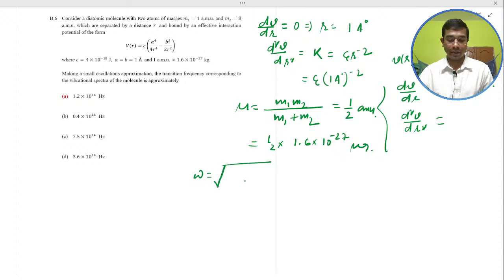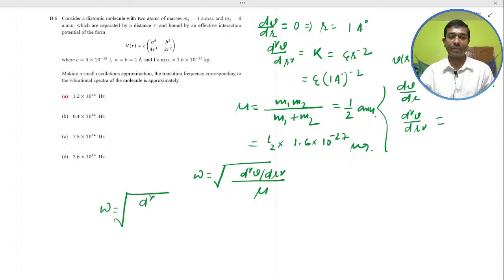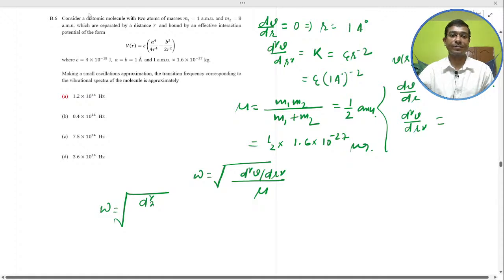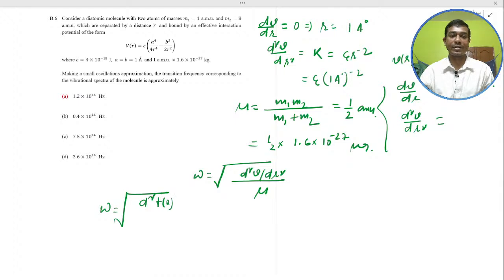Then the omega would become the square root of the second order derivative d square V by dr square, divided by mu. This is the formula. Omega is basically the second order derivative of a function of x, d square by dx square, divided by m. Here m should be the reduced mass mu. Put this value.